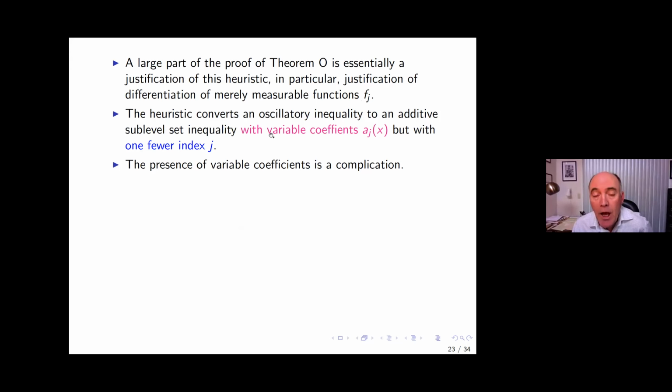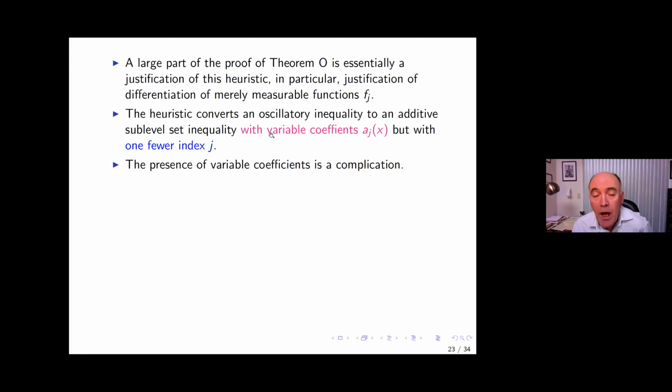Things get a little more complicated because you pick up variable coefficients from the chain rule, as we've seen, but there's an advantage, which is you drop one index. So if we start with a quadrilinear expression and do this kind of reduction, we can hope to reduce to a sublevel inequality with 3 terms. And of course, that's an enormous gain, an enormous simplification, if we can drop one factor. Okay. On the other hand, the presence of the variable coefficients is a complication.